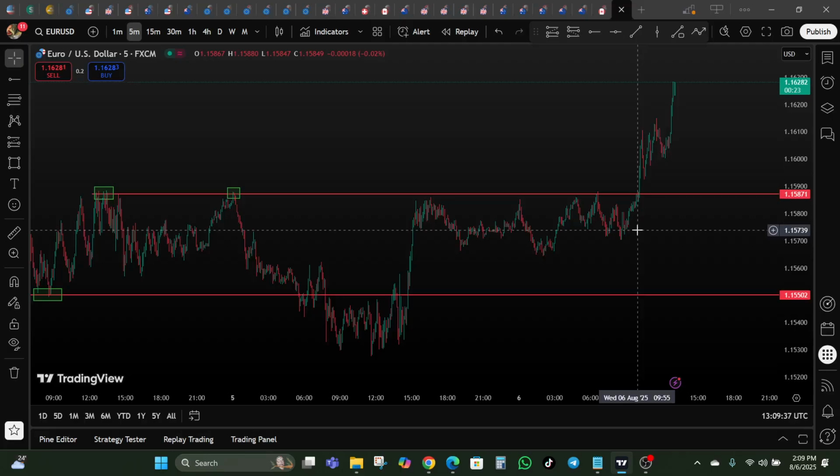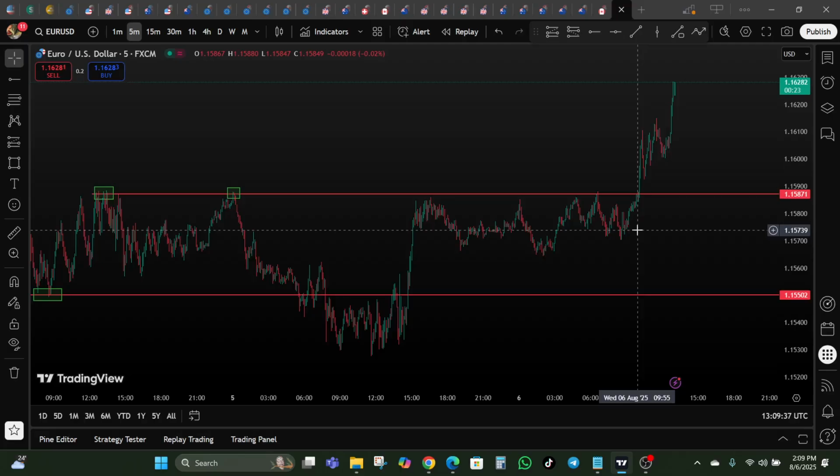But if it is a fake out to the downside, then you'll be looking for a stop to be below the wick or below the lowest point of that liquidity grab.